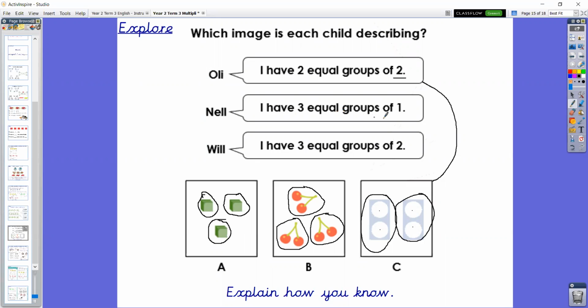There's going to be 1 inside each equal group. We can see in picture A that there is 1 cube inside each group. So Nell is describing picture A. Will said I have 3 equal groups of 2, and we can see in picture B that there are 2 cherries inside each group. Well done, Year 2.